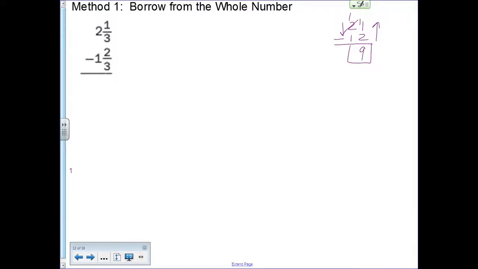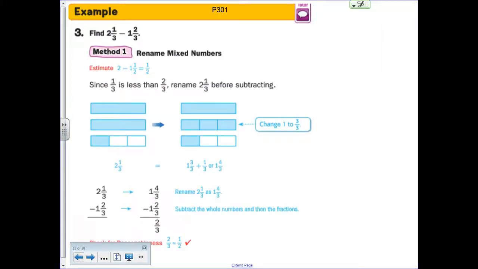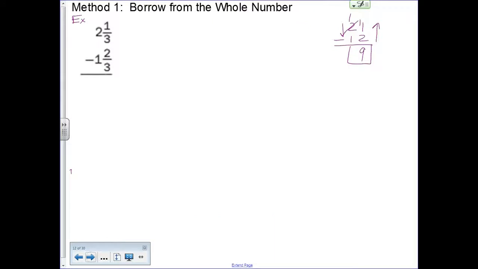Take a look at example 3 from page 300 or 299. I can't remember what it is. It's page 301. I was wrong on both accounts. So example 3 from page 301. It says 2 1/3 minus 1 2/3.